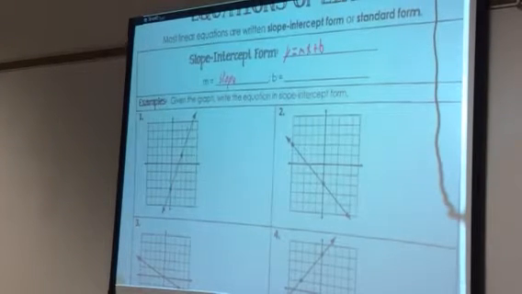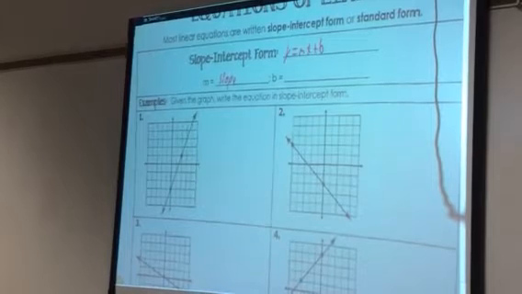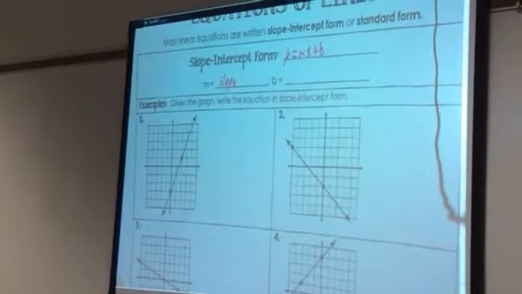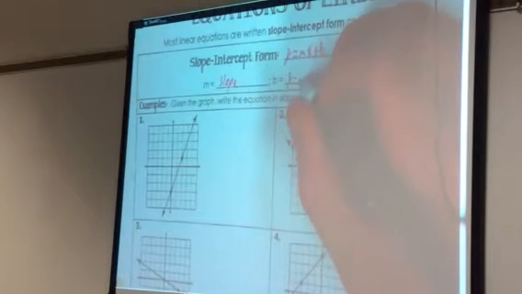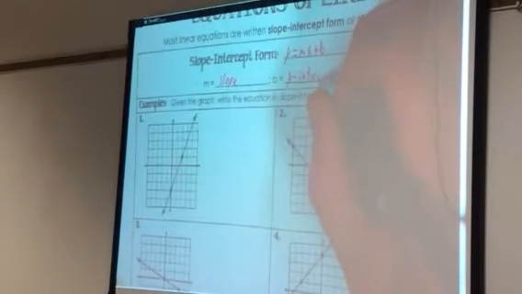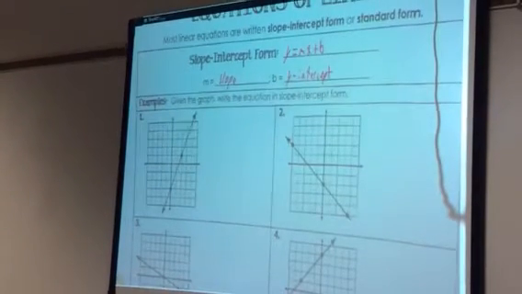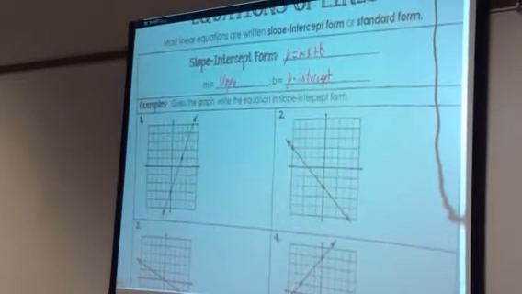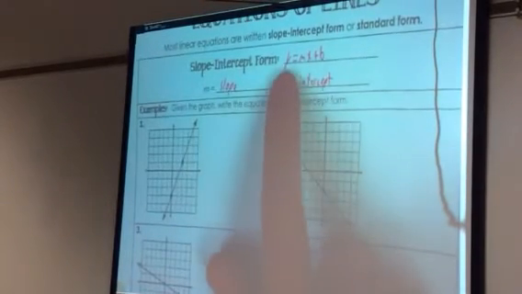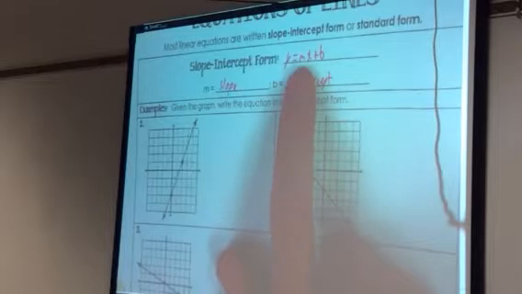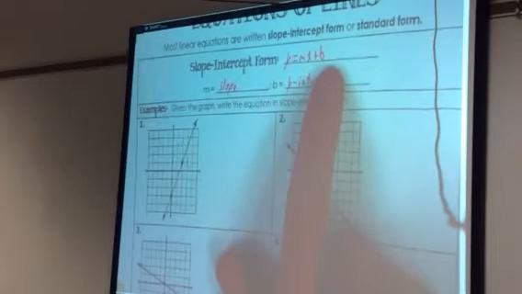And then what's the b? B is the y-intercept. So that's the only two numbers you're going to have in an equation once you get it into slope-intercept form. You have a y, and you have an x, and you have an m, which will be a number, and a b, which will be a number.